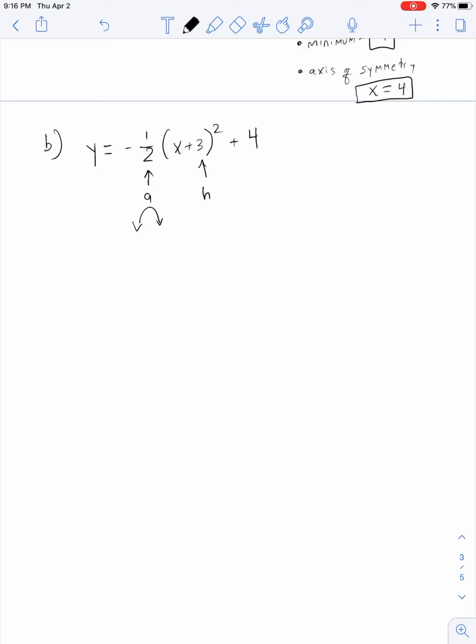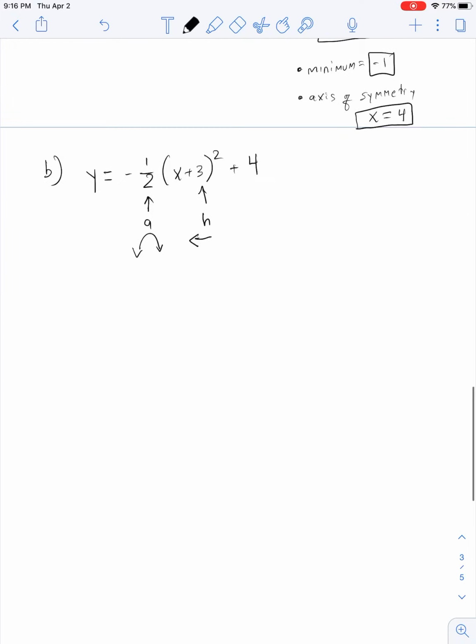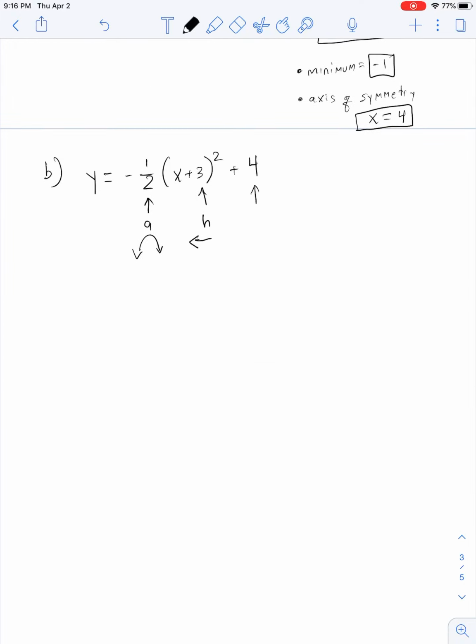Your h is a positive, and because it's positive, it's going to go to the left. This is different from before. And this time your k is a positive, which means it's going to go up. So we get this information, and we should be able to sketch this.